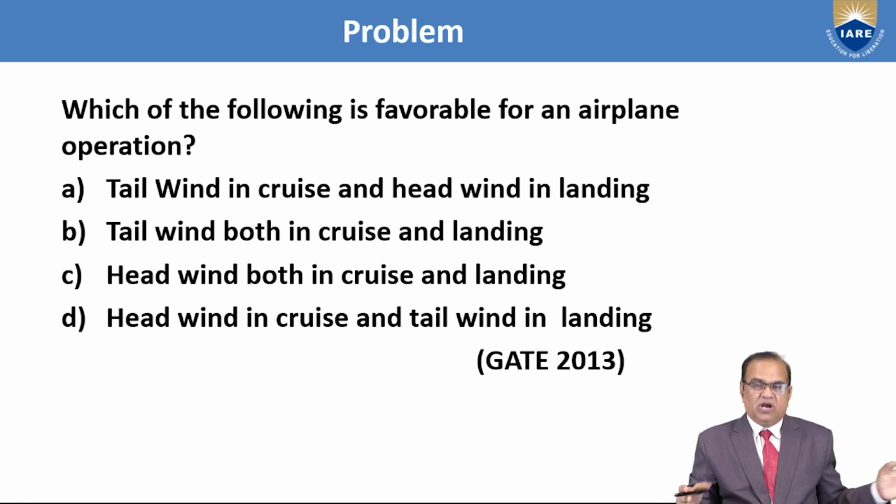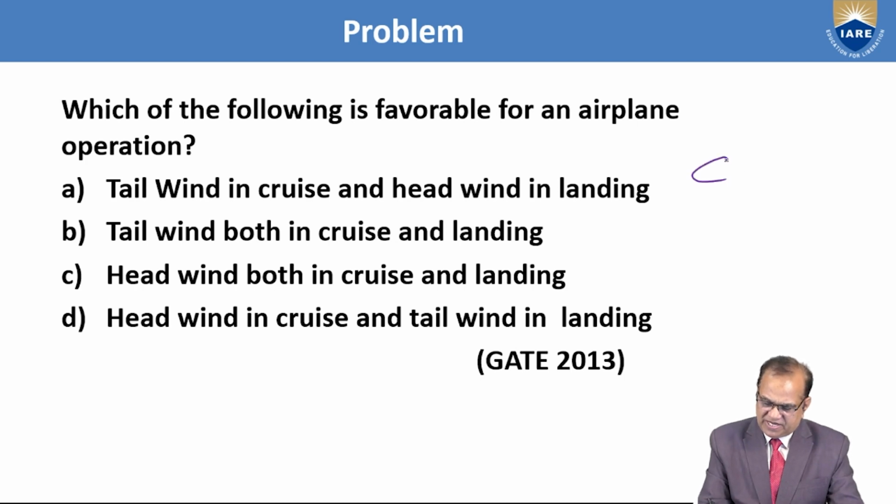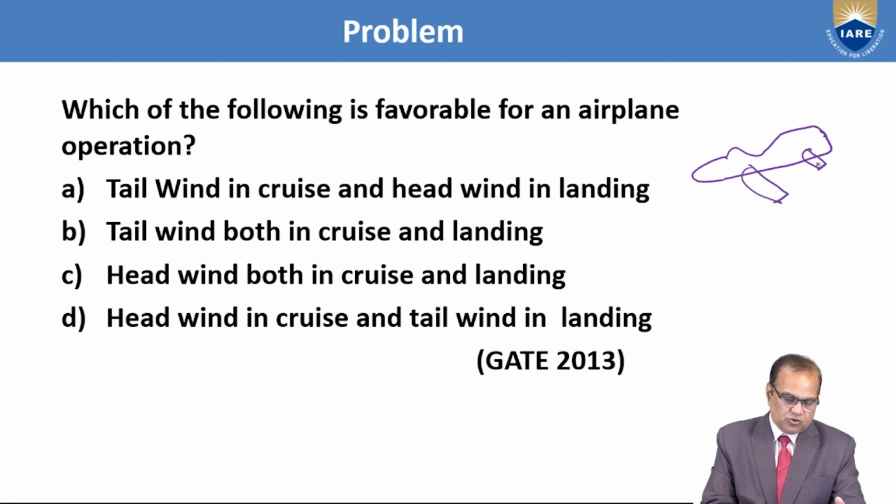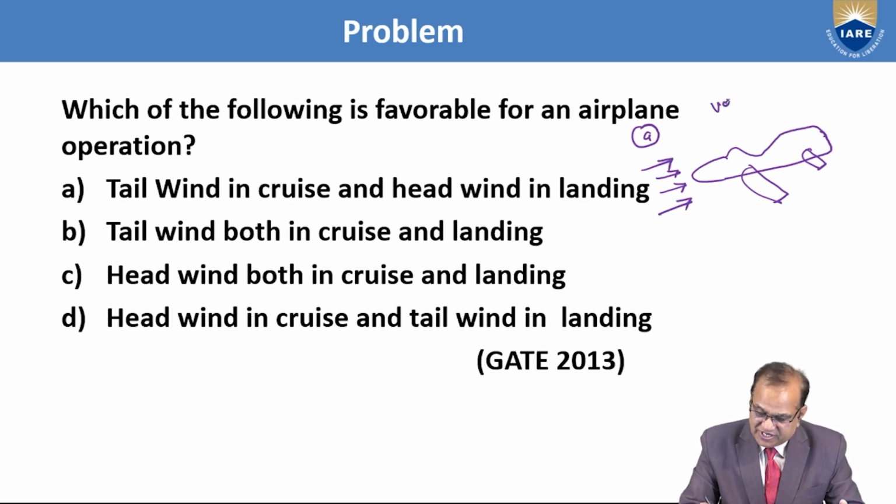So just now we have seen that if the airplane is here, the first case, headwind in cruise and headwind in landing. If it is a headwind, we have discussed that for the cruise, the Vg will be reduced, because if it is headwind, the net velocity Vg will be reduced.